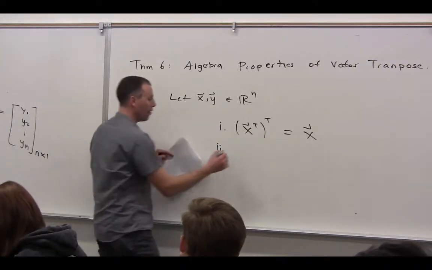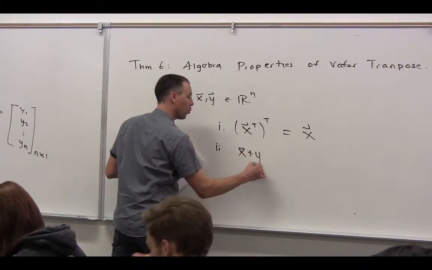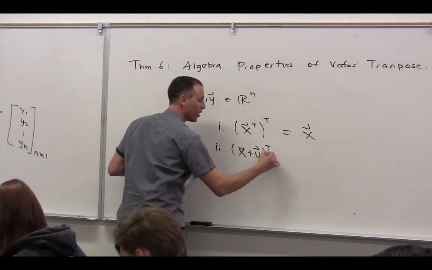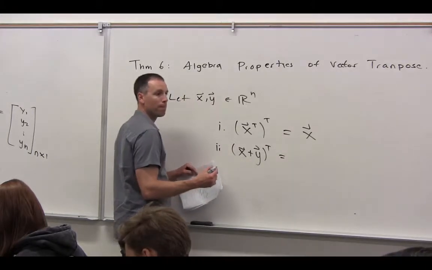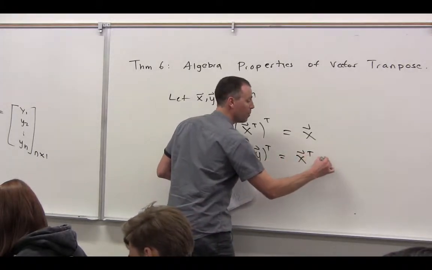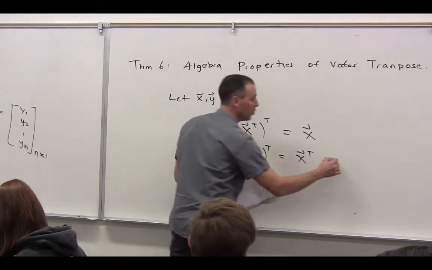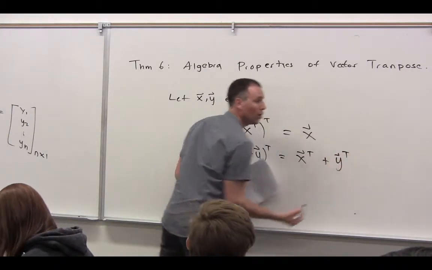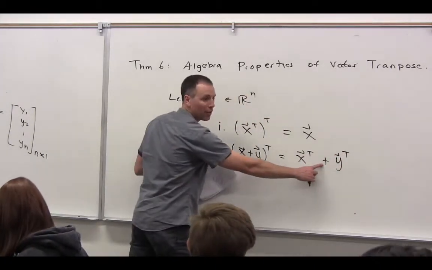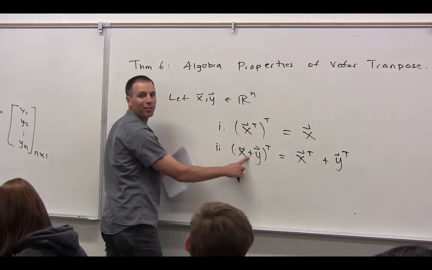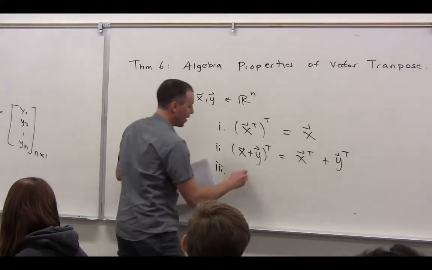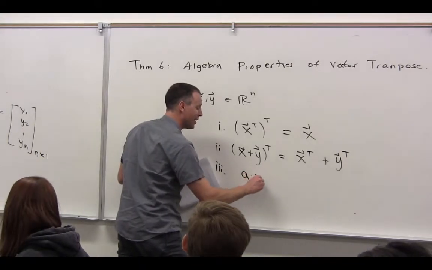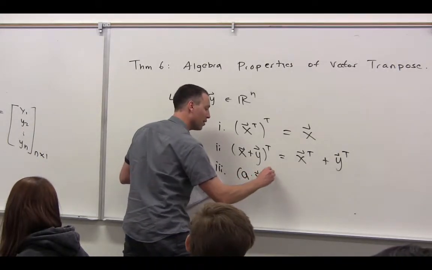What if I were to take x plus y and then transpose it? That would be equivalent to first taking x transpose and then adding that to y transpose. This would be row vector addition. This would be column vector addition. And then could you imagine what happens if I take a times x, transpose?